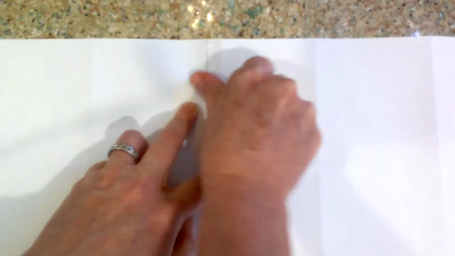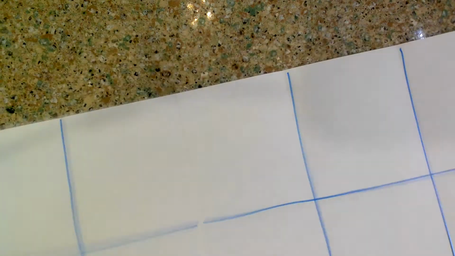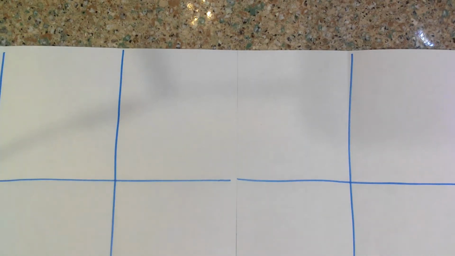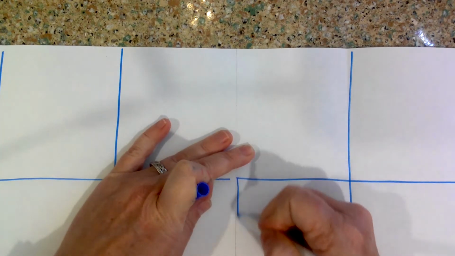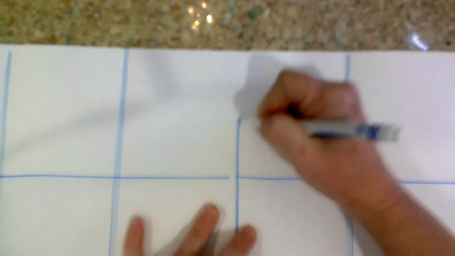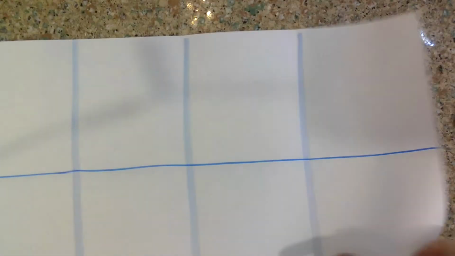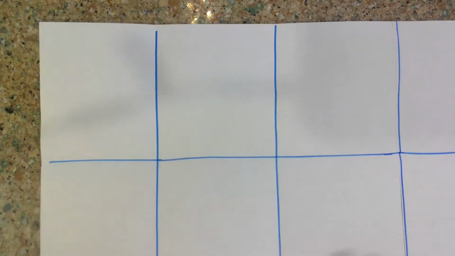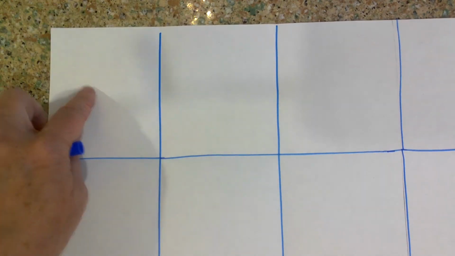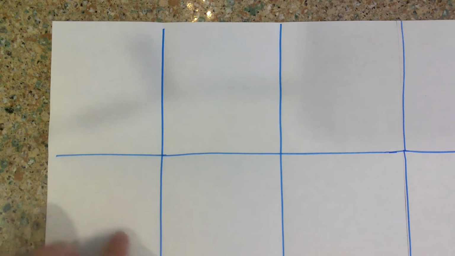And so your finished product, and I'll trace down this line, will look something like this. Okay, so you have 1, 2, 3, 4, 5, 6 boxes. So you want to have 6 boxes, and that's what I'll be drawing in. I'll be drawing some images on the top, and then I'll be writing some information on the bottom.